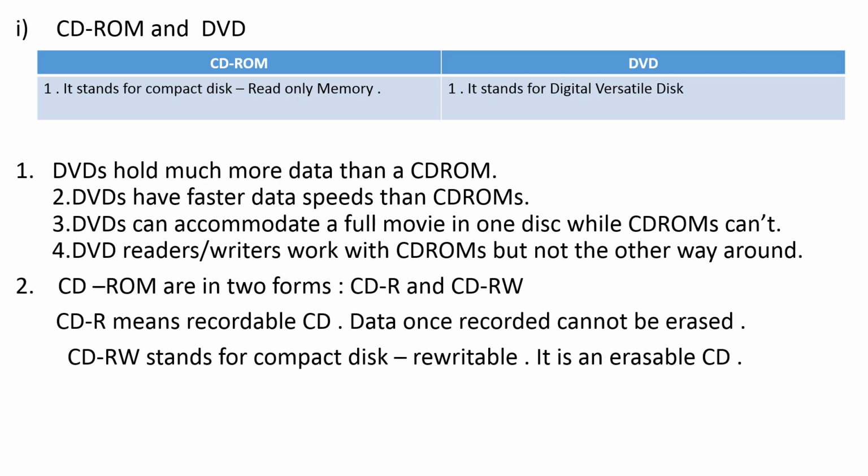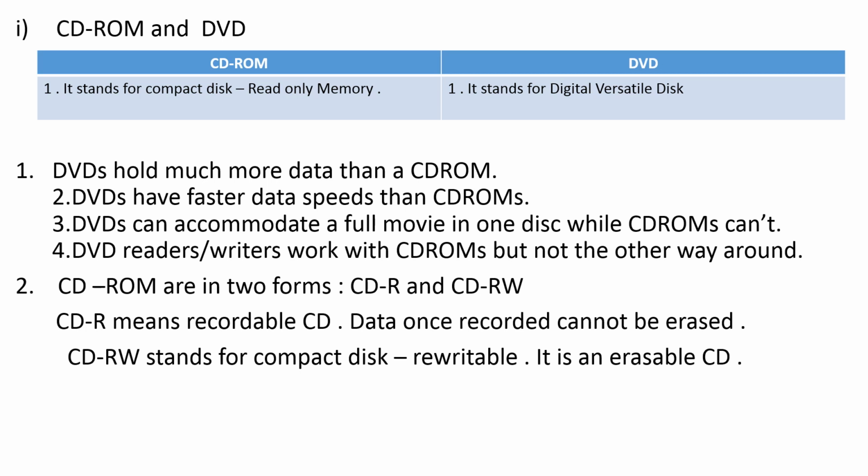In a CD-ROM you can store audio or a few clips of movies, but you cannot store the entire movie. You can store the entire movie only inside a DVD. DVD's storage space is much larger than CD-ROM, and DVDs have faster data speed than CD-ROMs.